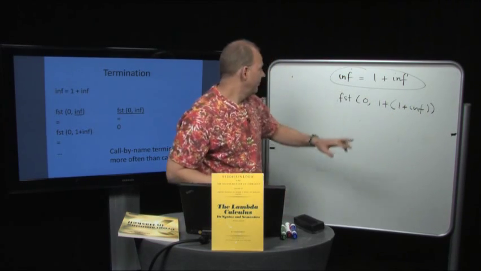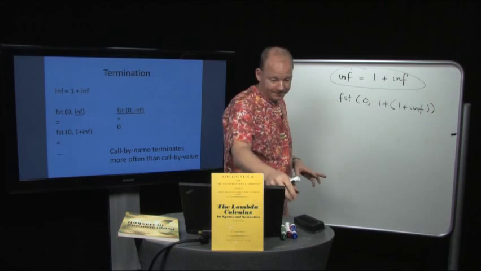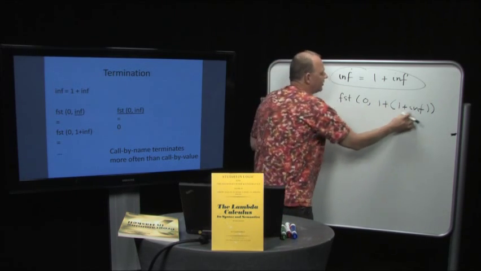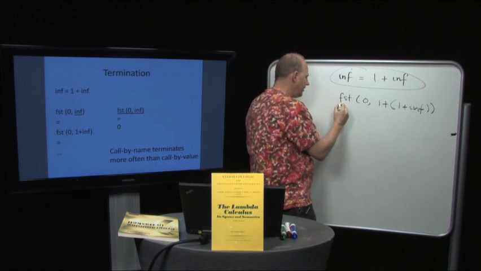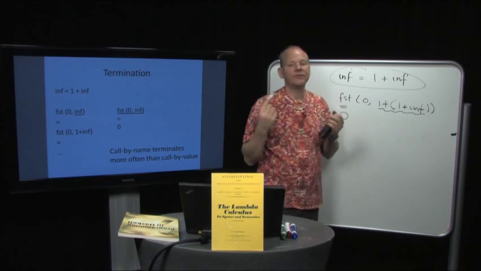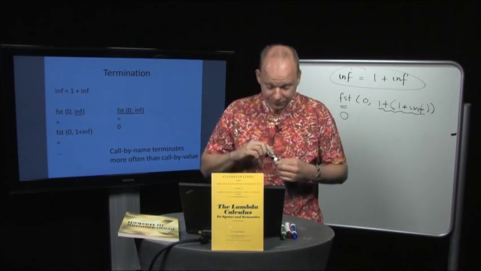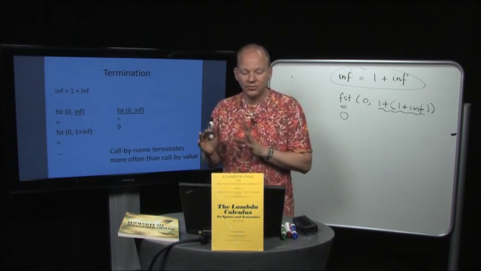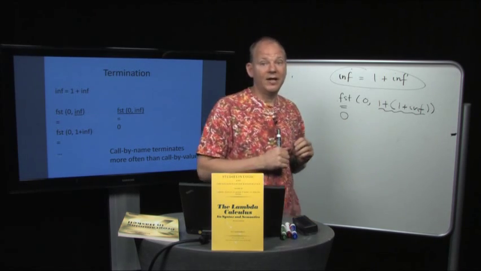that argument, because if I would do call by name, in that case, well, since first ignores its second argument, this would just go to 0. And there's no need at all to even touch that argument. So the lesson here is that call by name terminates more often than call by value.